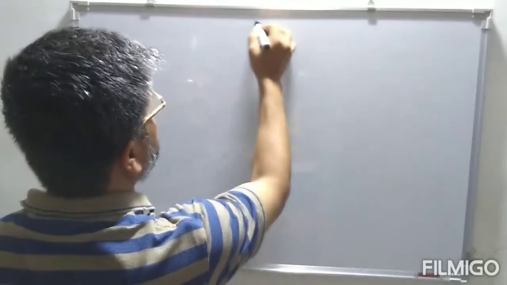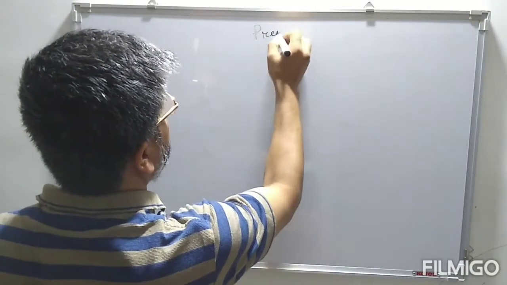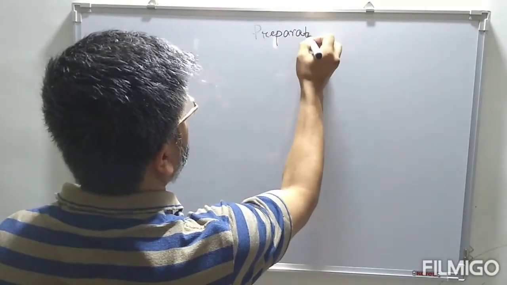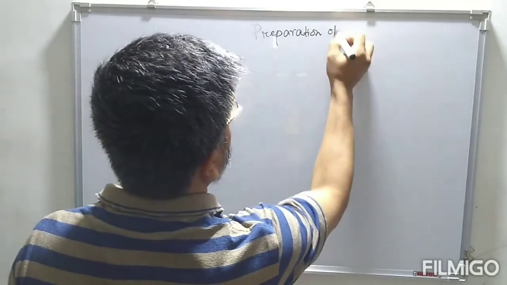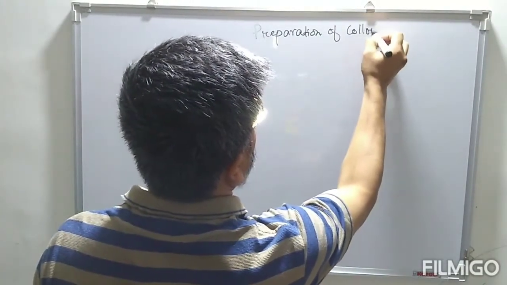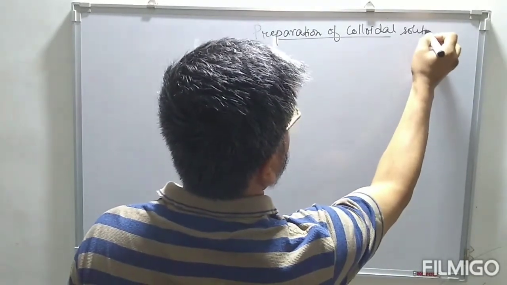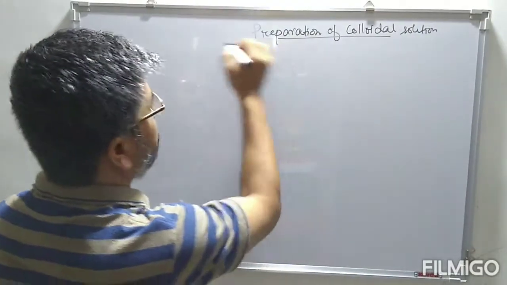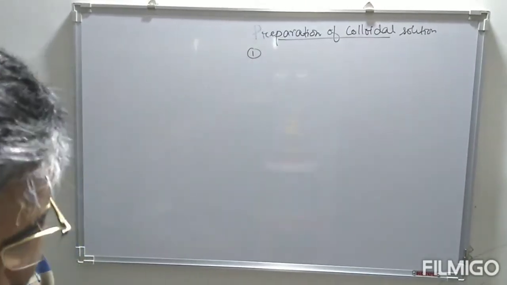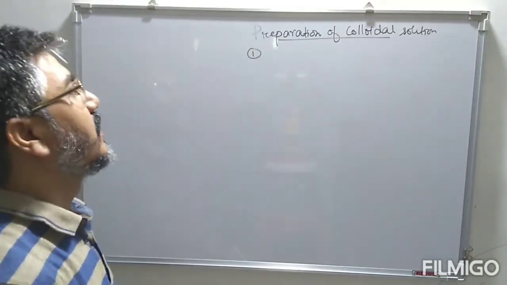So after this classification of colloidal solutions, now we'll go to preparation of colloidal solutions. What are the different methods by which a colloidal solution can be prepared?